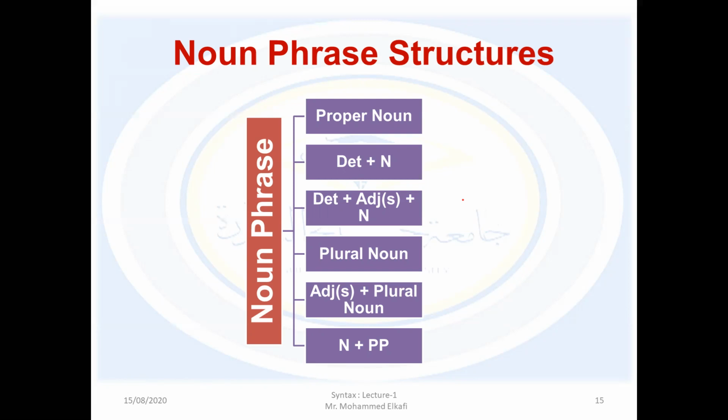The last form includes noun plus prepositional phrase. When we say man of the match, man is a noun, and of the match is a prepositional phrase. Okay, so these are the 6 structures of noun phrases.